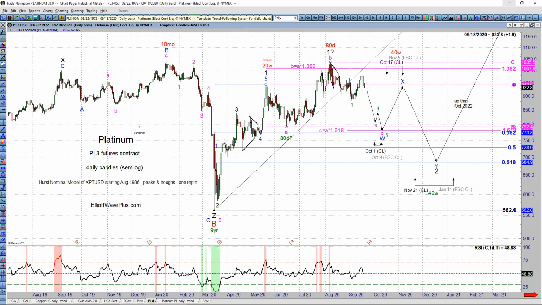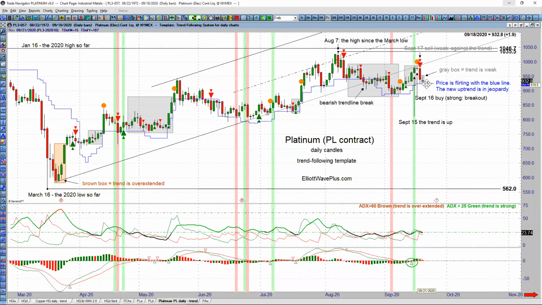At the point of recognition of a wave 3 down, I would say any daily close below the ATR volatility stop blue line would be bearish, despite the fact that we just had a trend change to the upside, because really all this is a trend line break and then a move back to the underside of the broken trend channel.